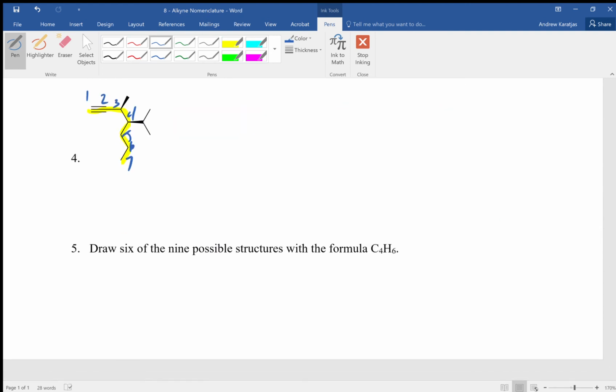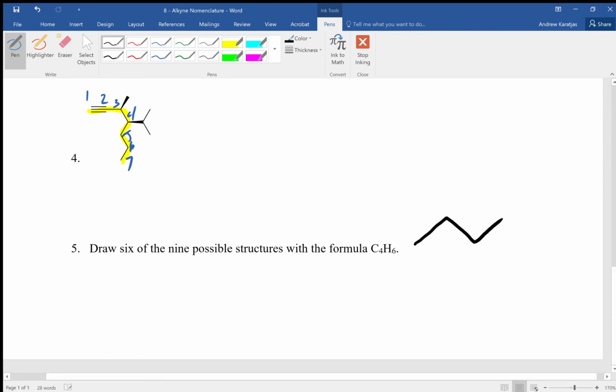All right, this last one is looking for you to draw 6 possible compounds with the formula C4H6. And one way to think about this, if we have 4 carbons, and no double bonds, no triple bonds, no rings, the formula there is C4H10.